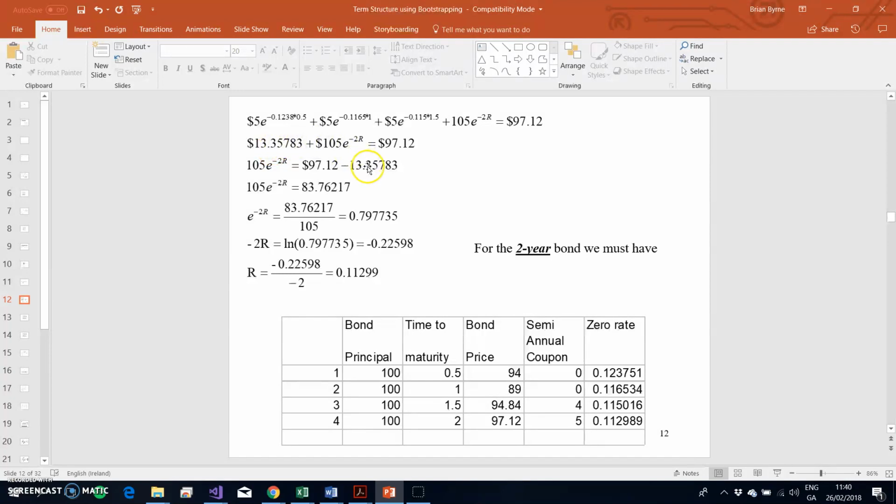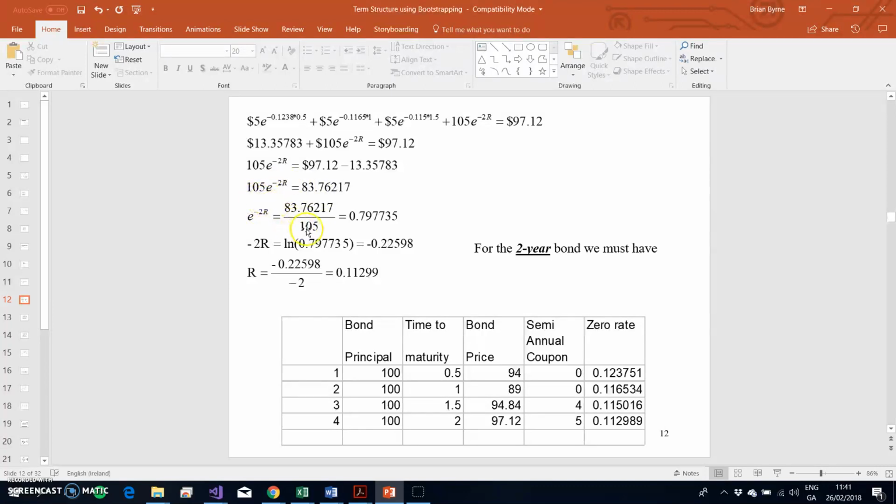We bring that over, so the economic interpretation of subtracting it away is we're stripping off the effects of the earlier coupons, and then we're just left with an amount of money that gets invested, equivalent to the coupons being stripped out, and then the return of 105 at the end of 2 years. So it's a straight up put some money in today and a return then in 2 years' time.